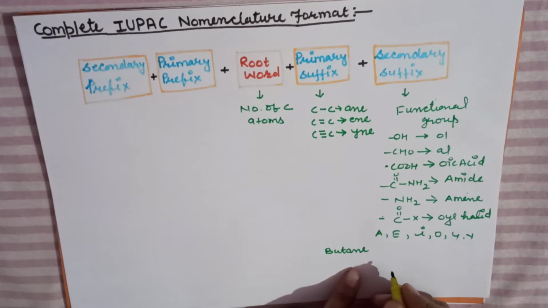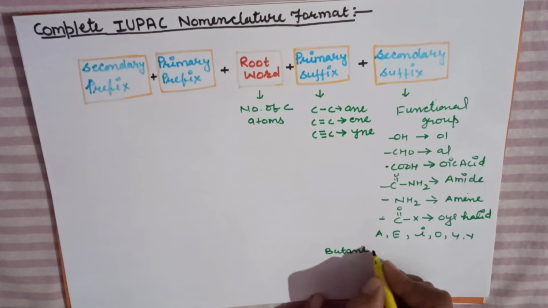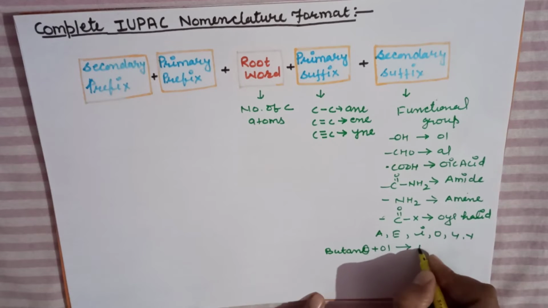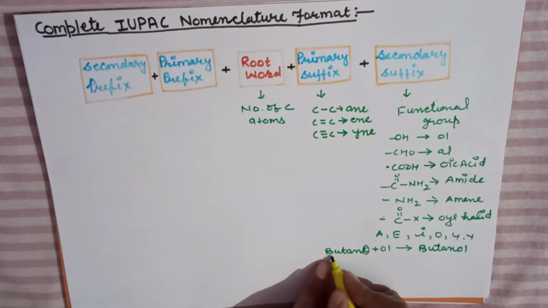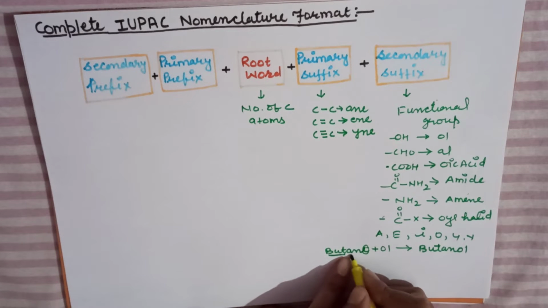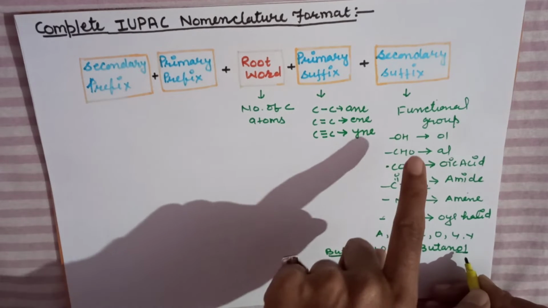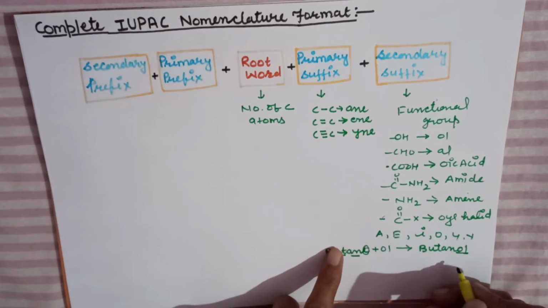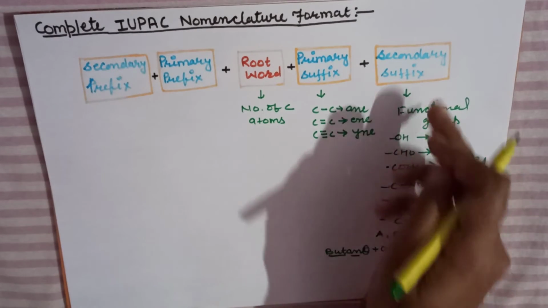And now this molecule contains an alcohol group, then you will use ol. But this e will be removed, then you will write butanol. So but is the root word, ane is the primary suffix, ol is the secondary suffix.